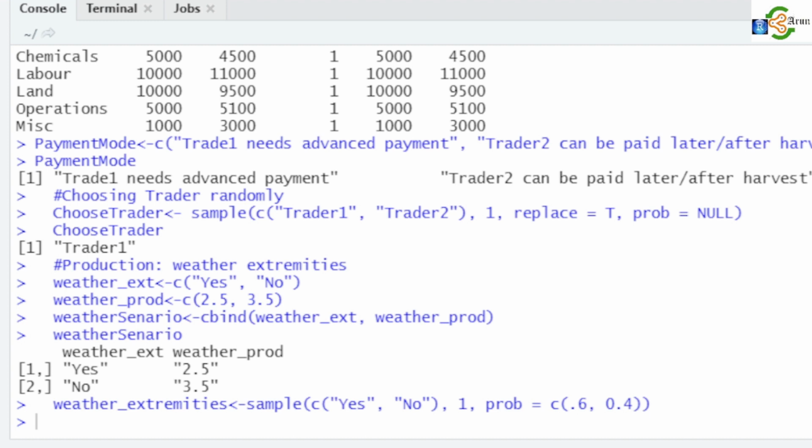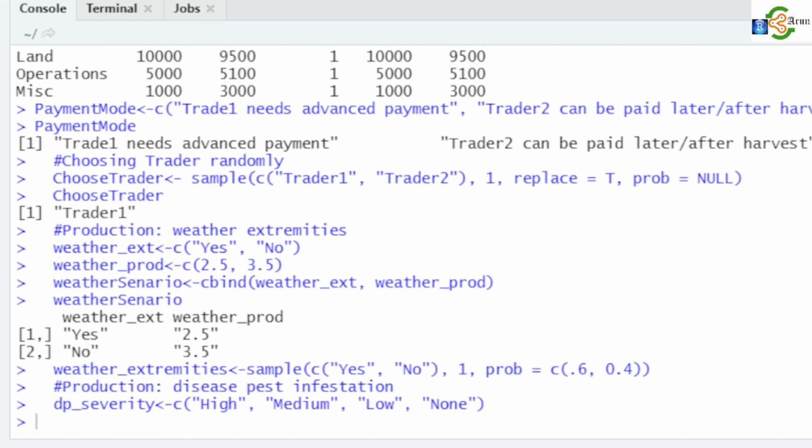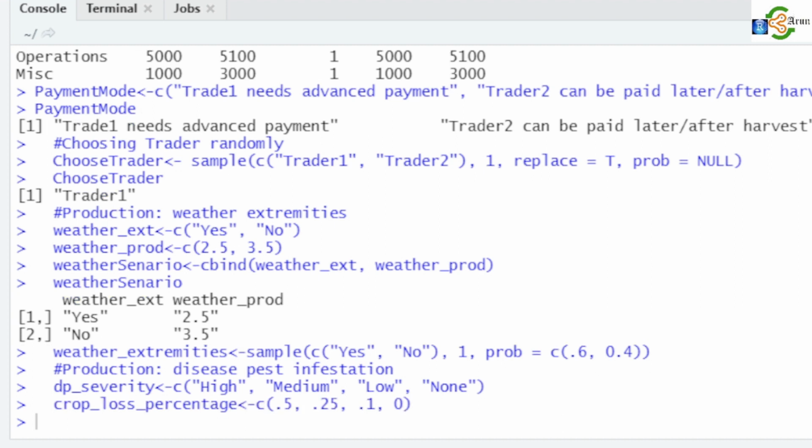Likewise, we have another condition, the disease pest severity. We have already discussed that we have 4 categories: high, medium, low, and none. And according to this category, we have the associated loss percentage. If we encounter high disease pest infestation, we will lose 50% of our produce. If it is medium, then it's 25%.